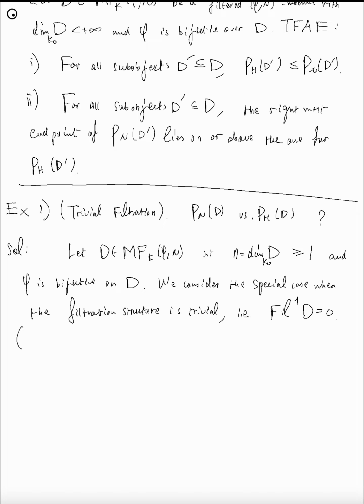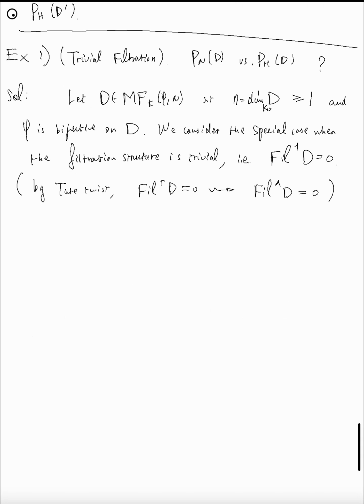By a Tate twist, you can always turn it into Fil 1 equals 0. I will end, at the very end, with a remark on this Tate twist.